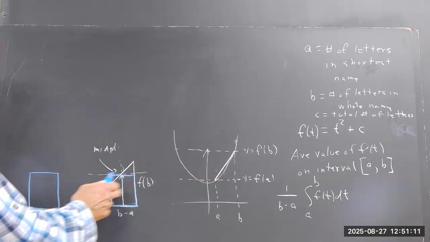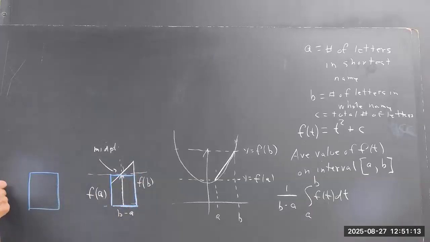So halfway between f of A and f of B is, add them together and divide by 2. That's how you get the number halfway between two numbers, which ought to be second nature, I think, probably is. If it's not, make sure you think it through.